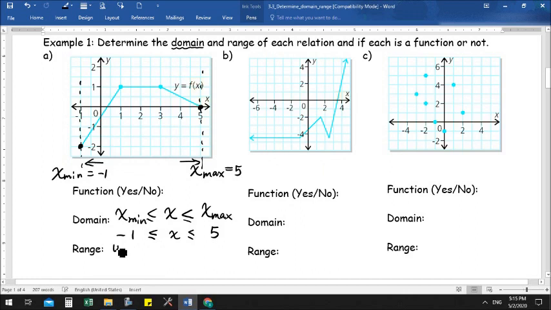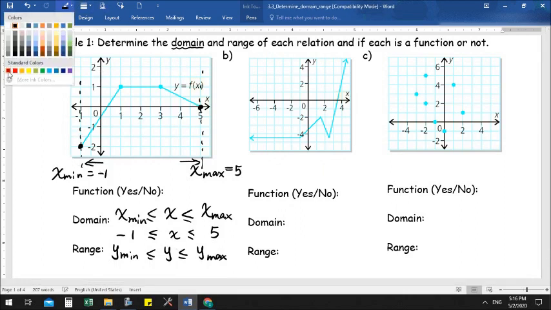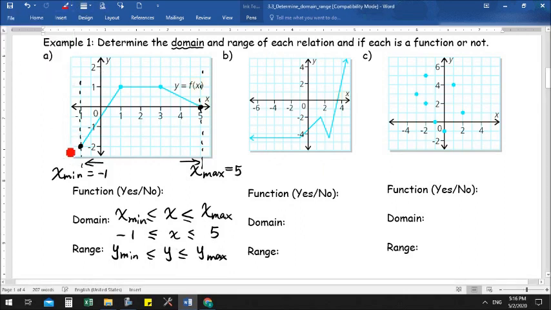And for the y value, the valid y values will be between the minimum and the maximum y value. For x it is left and right, and for y it is up and down.